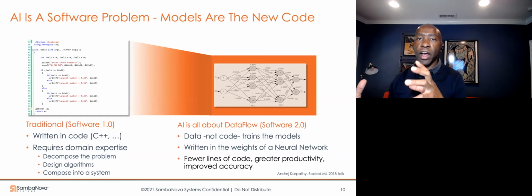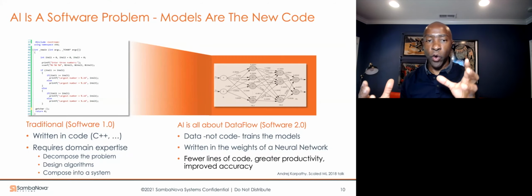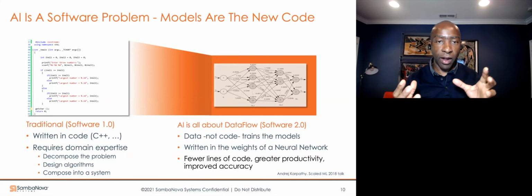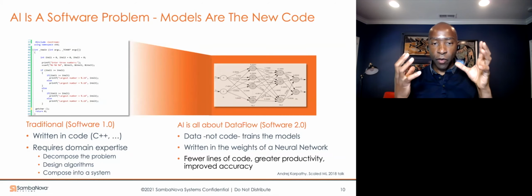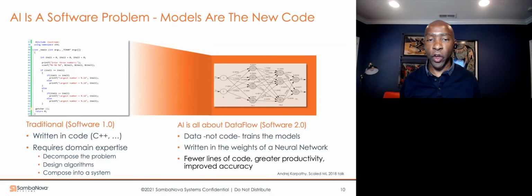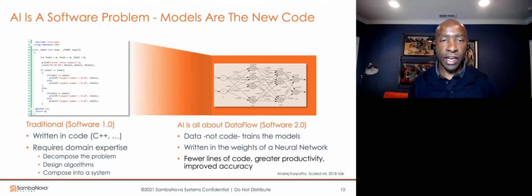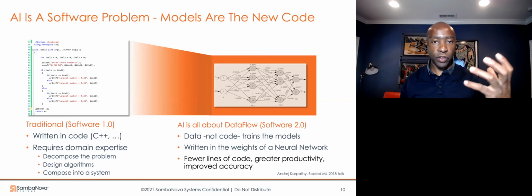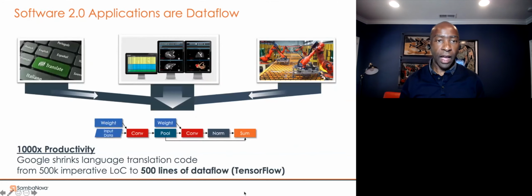Contrast that with ML and AI development, which is being called software 2.0, where you are taking a problem and building a model to solve that problem, and the weights of the neural network are really the code, right? And so it's really about the data driving the software development process, right?